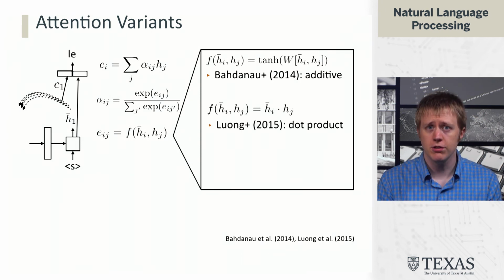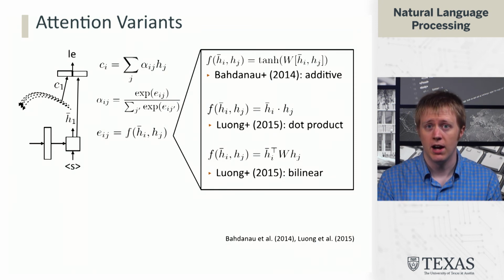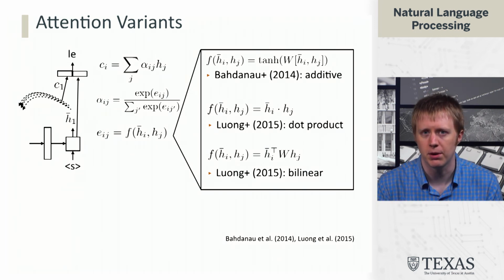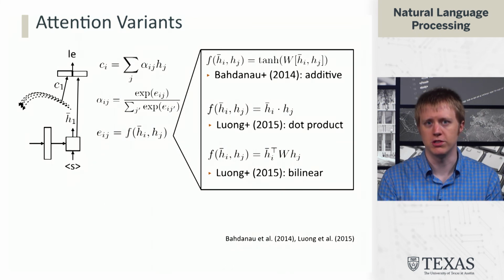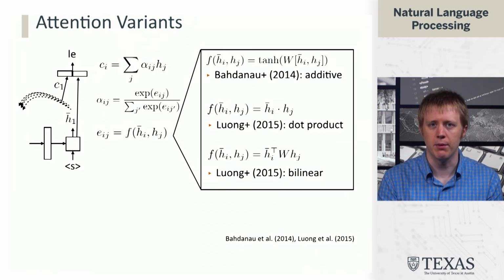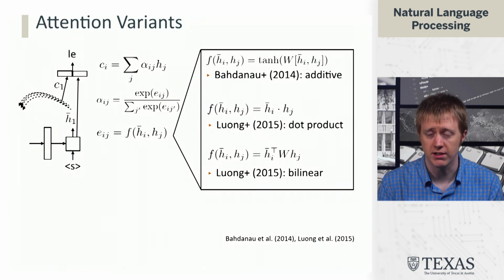You can also use just the dot product between them or a bilinear product. So basically take the transpose of h_i bar, multiply by W, and then multiply by h_j. So you could think of it as a weighted dot product where if you put in the identity matrix for W, you would just recover the dot product. But now we have learnable parameters in here. These W's are trainable parameter matrices that are going to let us learn which tokens we should attend to.